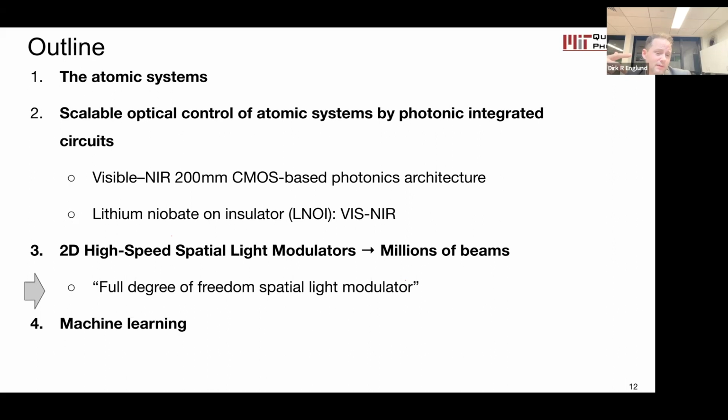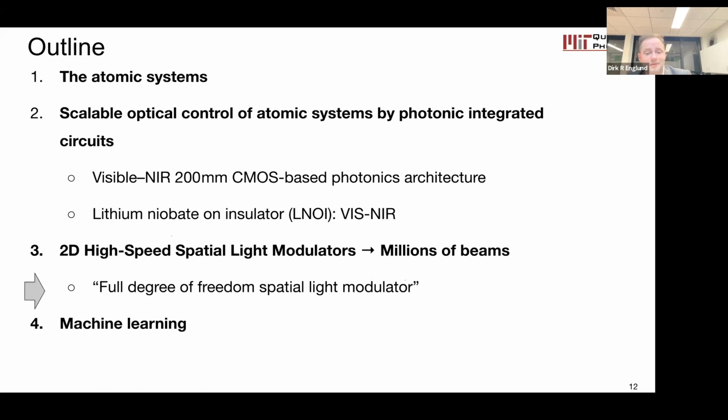But then on the other hand, you have slow, but very many modulators, for example spatial light modulators, like liquid crystal devices. There you can have millions of channels, but you can control every one only at millisecond timescales. Really what a lot of these things in quantum need is something that does both high speed and large channel count.